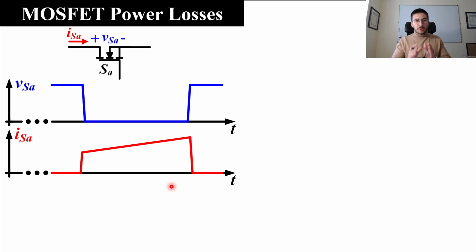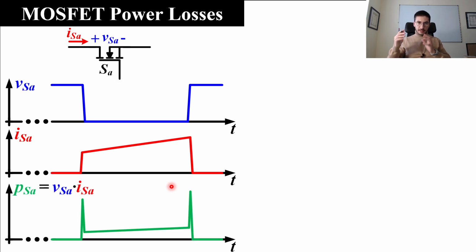Let's draw the instantaneous power consumption of that device, which is the product of the current and the voltage. If we do that in the simulation with our new models or in a prototype, we will see something like this. In this part the MOSFET is off, close to an ideal open circuit, so the power is zero because the current through the switch is negligible.